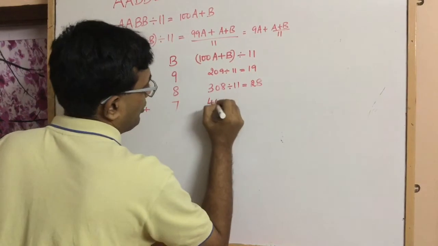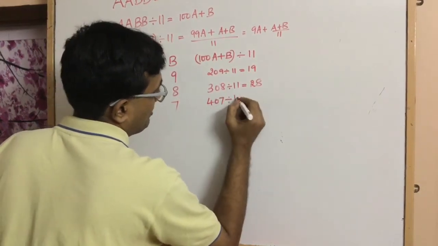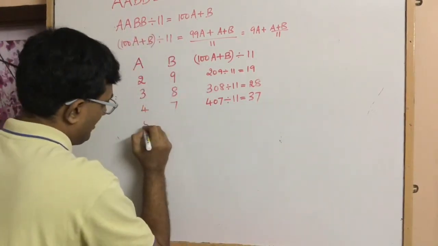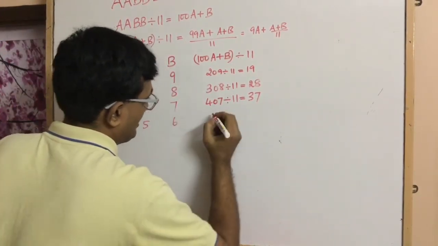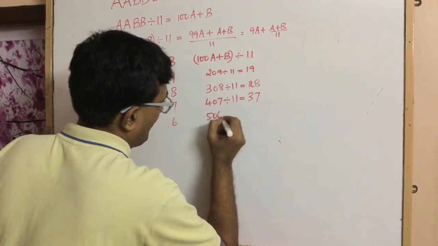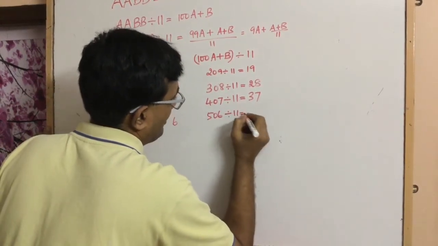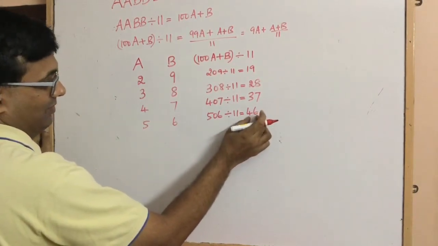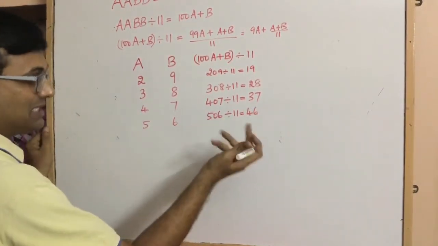With 4 and 7, that is 407 divided by 11, this would make it 37. 5 and 6 should make it 506 divided by 11, which is 46. We observe that 46 is again not a perfect square, but 64 is.